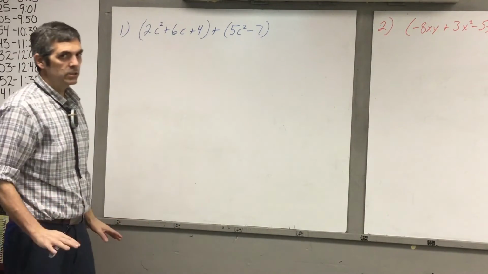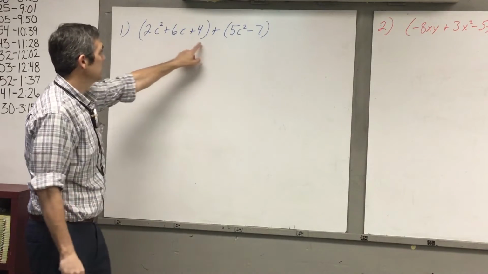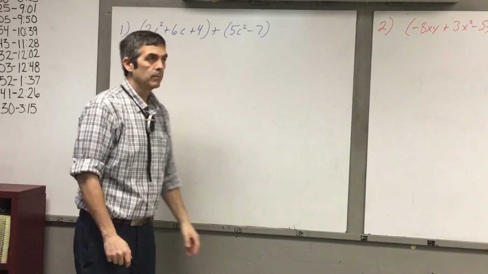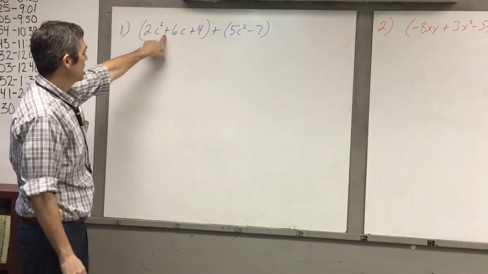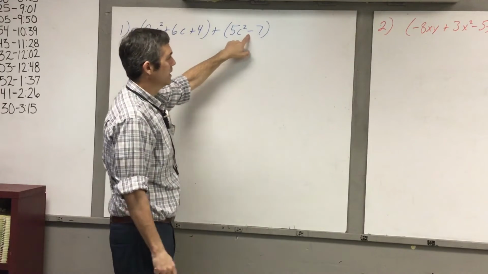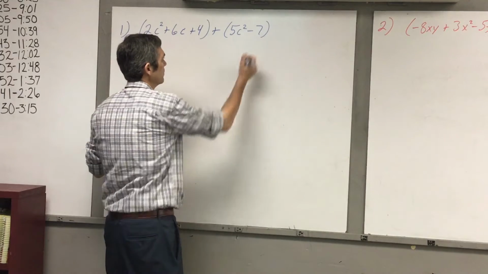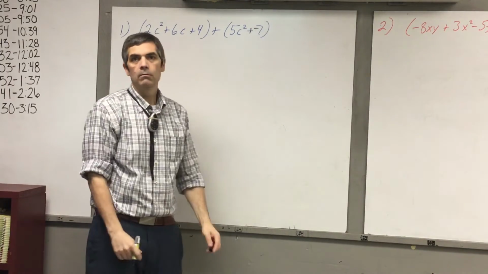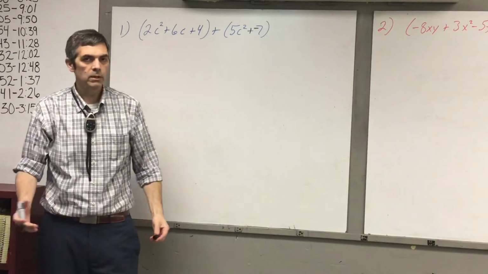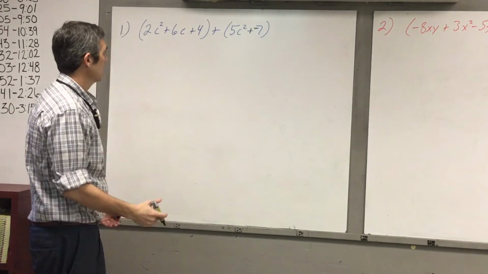Well, if it's all addition, then we don't really need these parentheses, right? Because this is addition, addition, addition, and that's really the addition of a negative number, right? When we come in here and we do this, click, click, we're adding a negative number. That's really all that is. That's what subtraction is, all right?